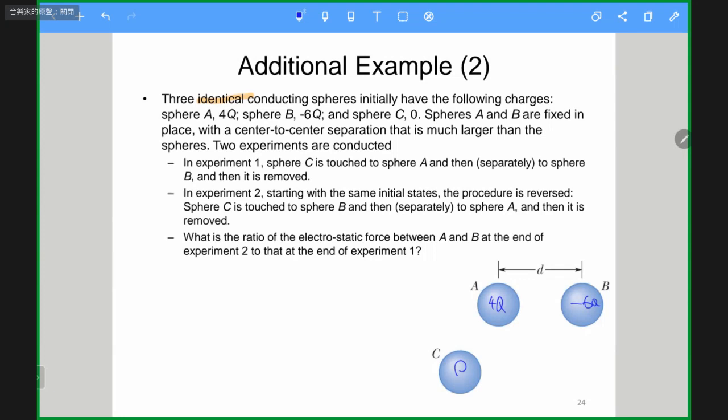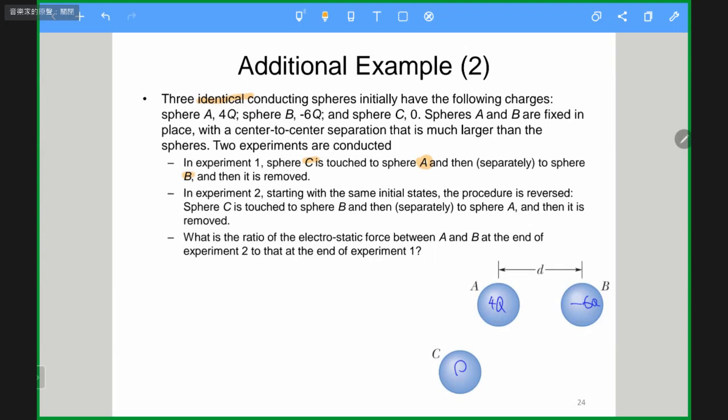So here we have two experiments conducted. Experiment 1: we try to touch C with A, and then separate C and touch sphere B, which means C touches B later, and then it is removed.